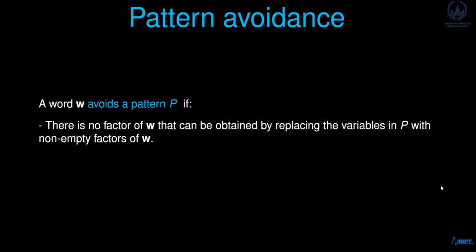If we cannot find such a match, then the word avoids the pattern. For example, if P is a pattern like XX, and we can find two identical consecutive factors in W, then W does not avoid the pattern. The goal is to construct words that do not contain such matching patterns.